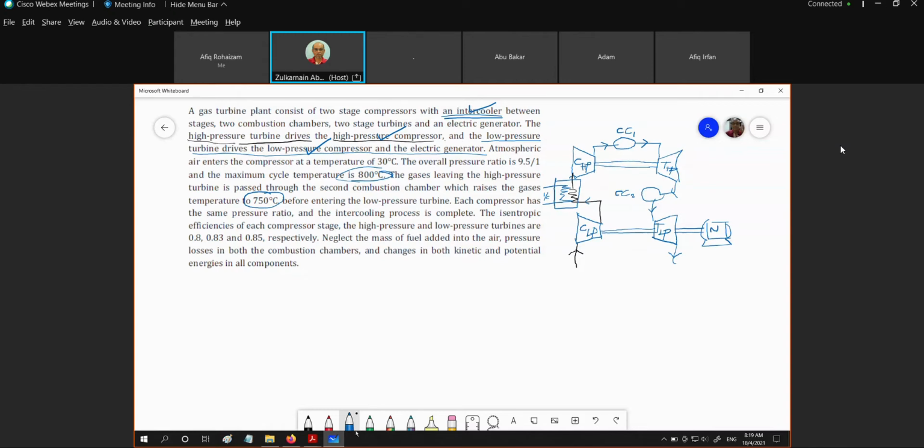Then what we do next is to read the question again, and make sure that what we read the second time reflects what we have sketched right here. Okay, so let us read again.